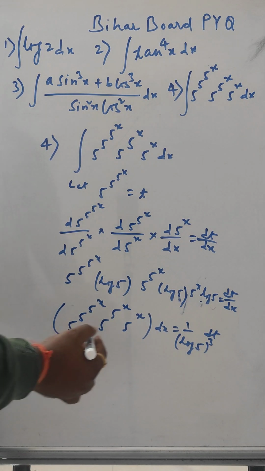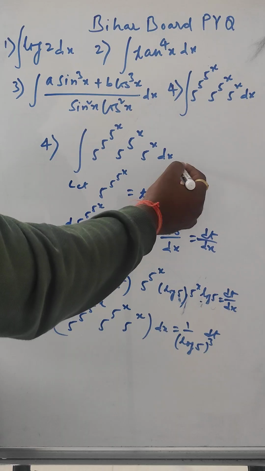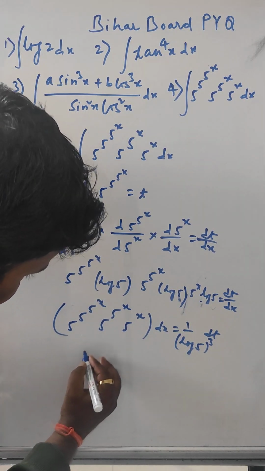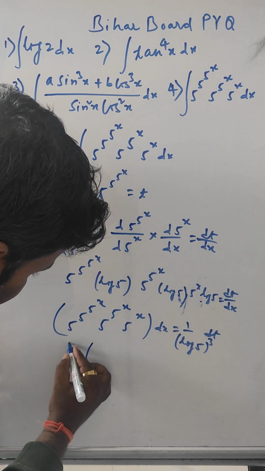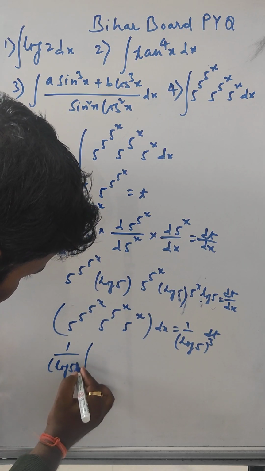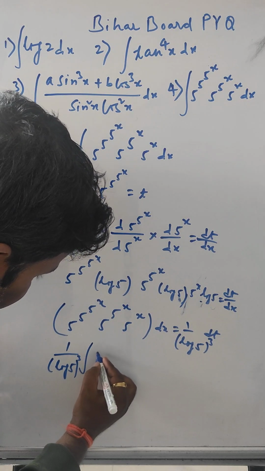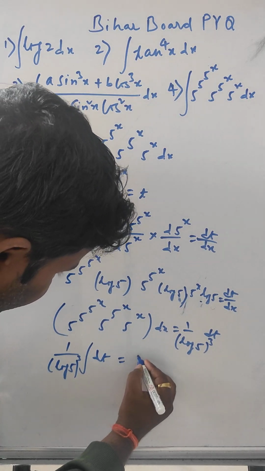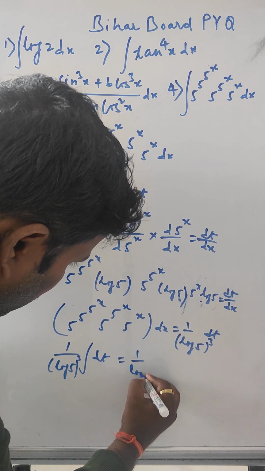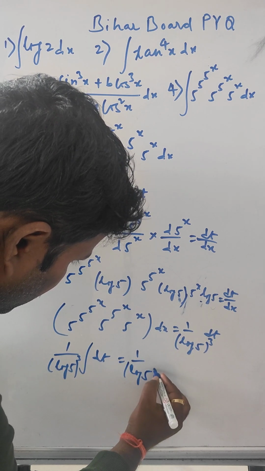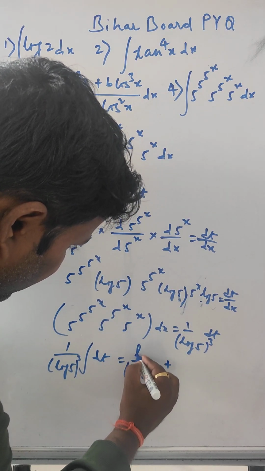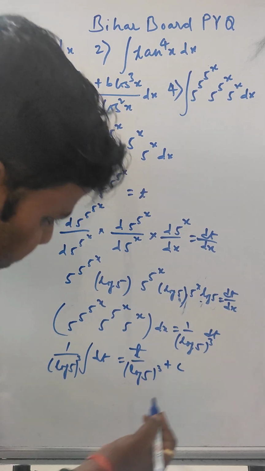So now this much we have, so we can do the integration of this. Here we can bring the constant out, log 5 cubed and here dt. So now 1 by log 5 cubed into t, here we can write t plus c.